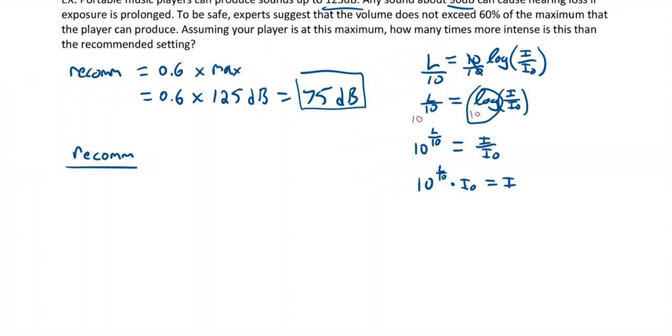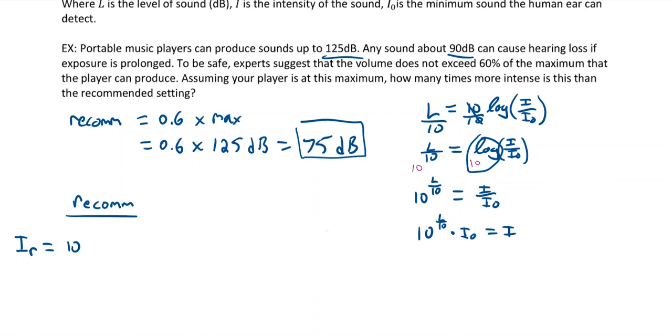Okay, so now we're just going to do that for the recommended and for the max again. So we're going to have, for the recommended, I, R I'll call it, is equal to 10 to the power of 75 over 10 times IO. 75 was just our from above, right?